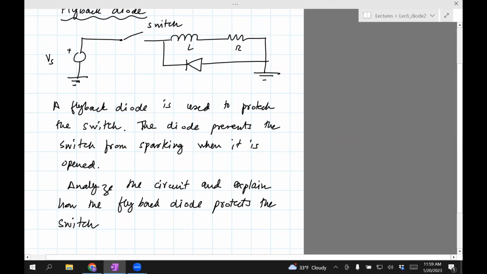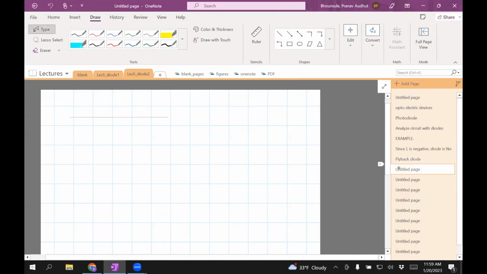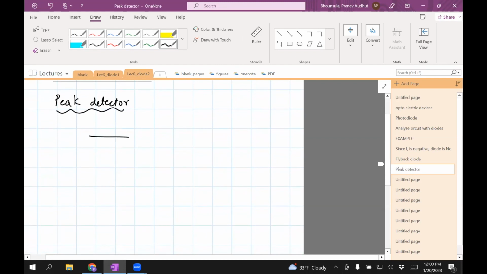There are various videos and articles on this. There's another circuit which I would like you to think about. It's the peak detector. It's a pretty simple circuit involving one diode and a capacitor.